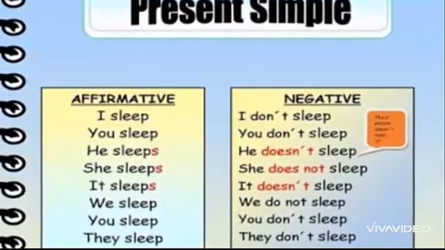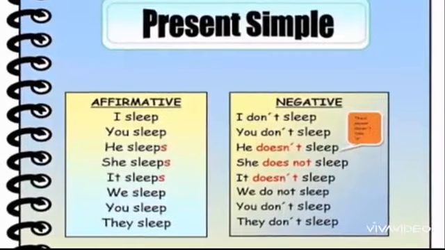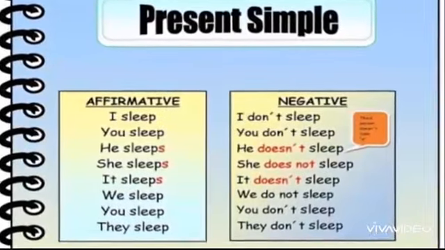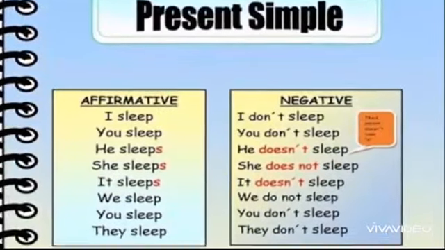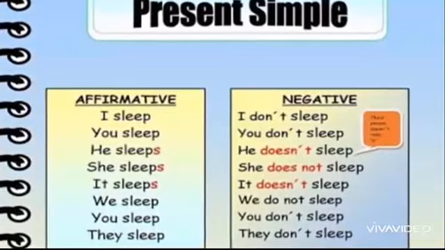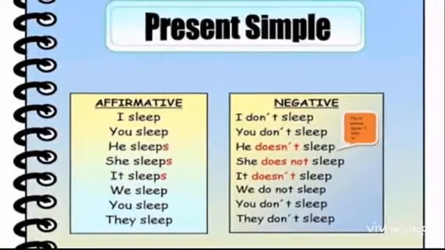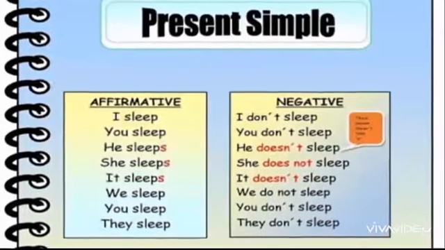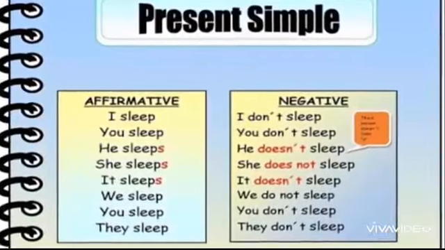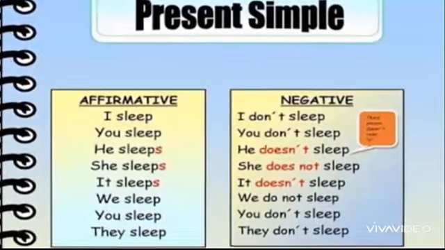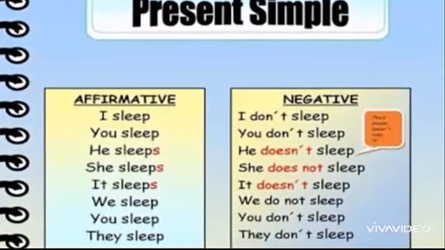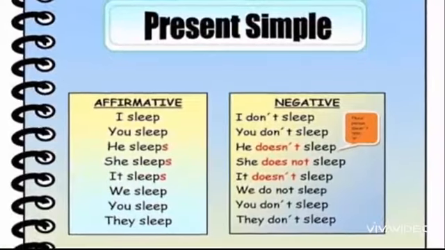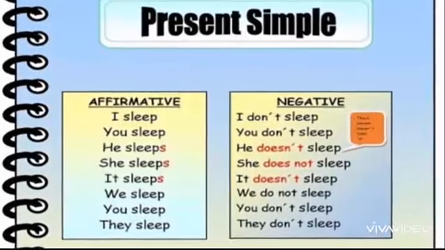We use don't and doesn't plus the infinitive form. The infinitive form is the main form of the verb. شكل الفعل في التصريف الأول، تصريف الفعل الأساسي بدون أي إضافات. We use don't with the pronouns I, we, you, they. And we use doesn't with the pronouns he, she, it.